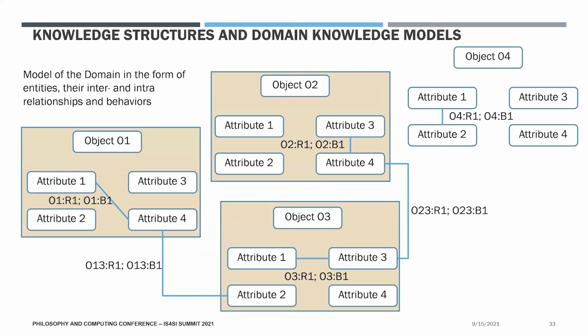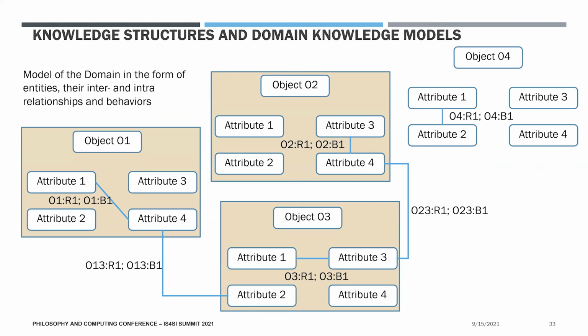So here is a knowledge structure example. For example, I have here object 1, which has a few attributes, attribute 1, 2, 3, and 4, and I have an object 2 with another set of attributes, and object 3 and an object 4, which is isolated and not connected to the other objects. However, attribute 1 is connected to attribute 4. What that means is, whenever something changes in attribute 1, it will cause an attribute 4 change.